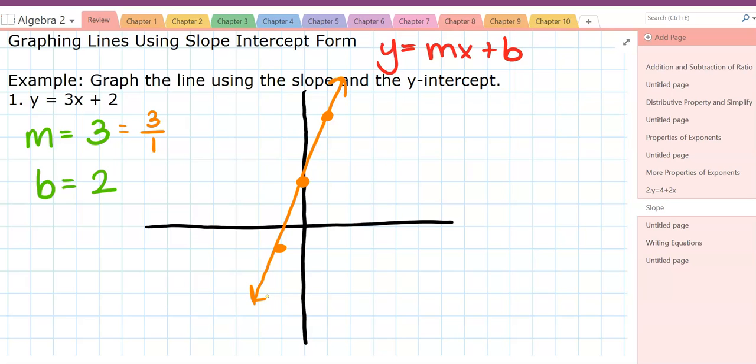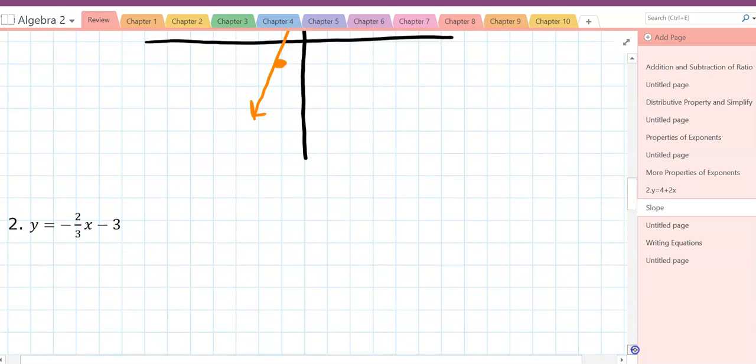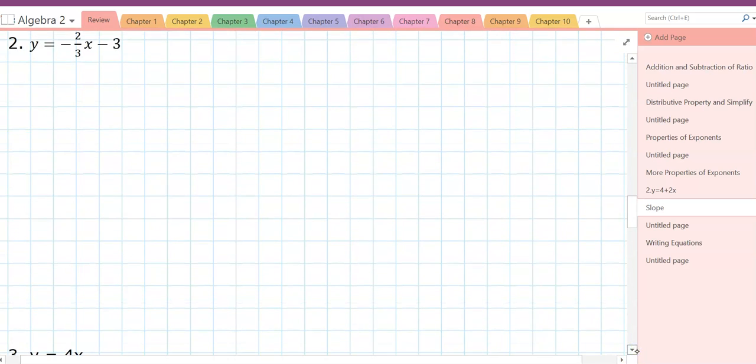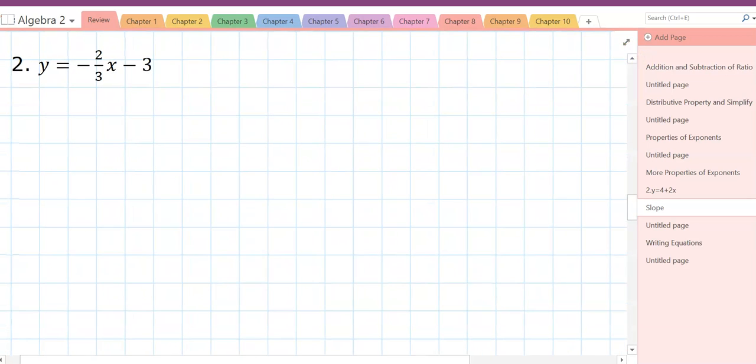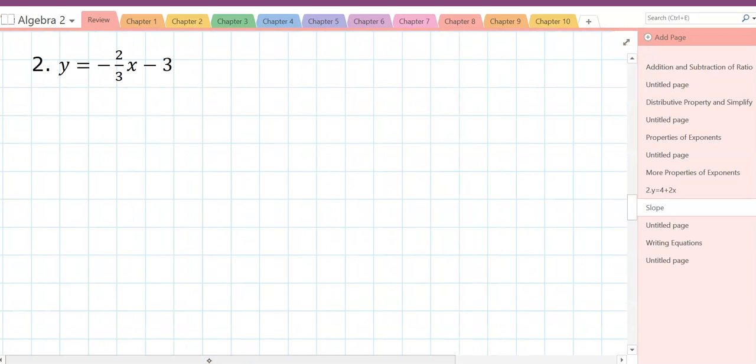Okay, so let's look at the next one in your notes. y equals negative 2/3 x minus 3. Let's start by identifying the slope and the y-intercept first. Can you tell me what m is going to be equal to?